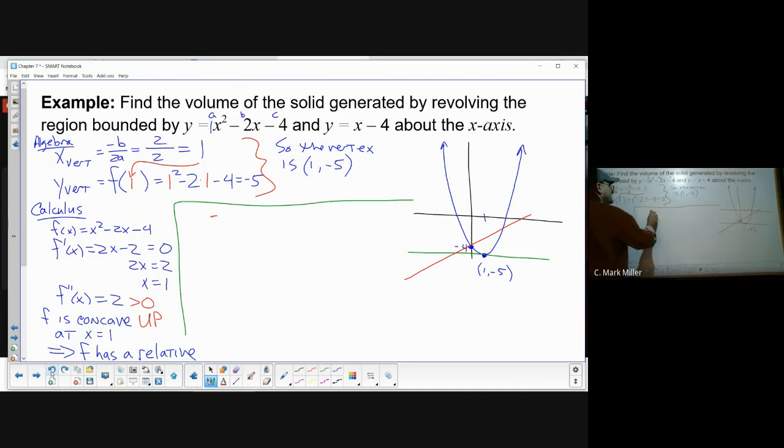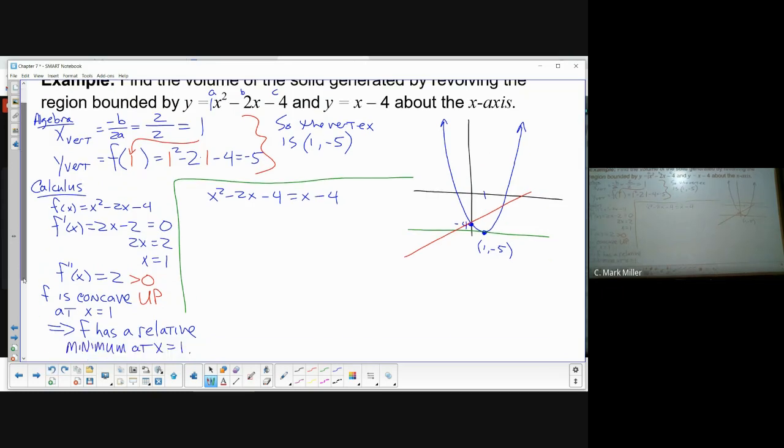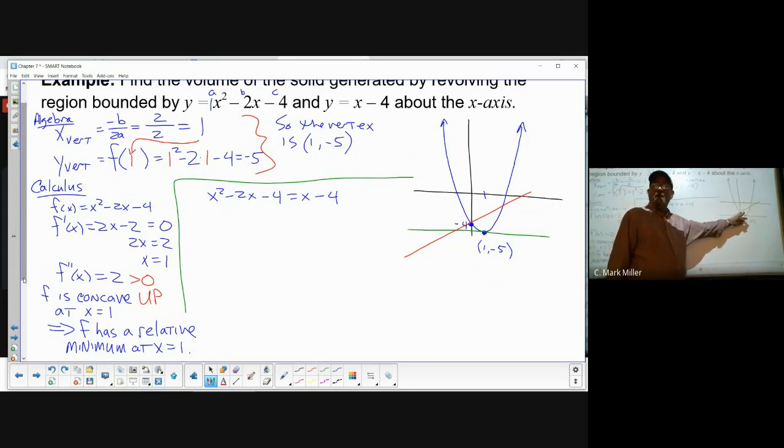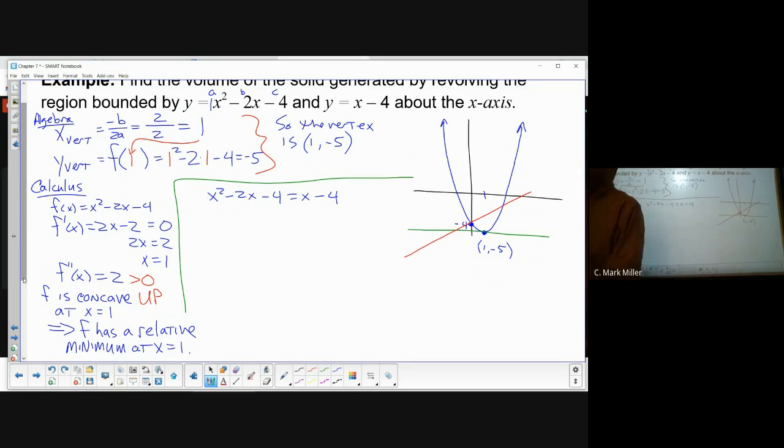We're going to set x squared minus 2x minus 4 equal to x minus 4. This will tell you the x coordinates at which it intersects. Now, we're expecting one of these to be at 0. We expect x equal to 0 to be one of the places it intersects. We know it intersects there. Where's the other spot?